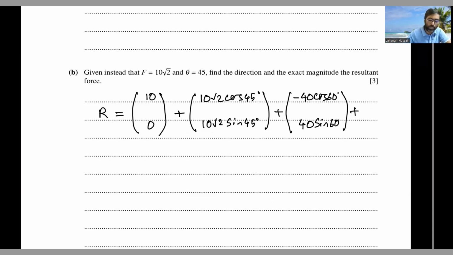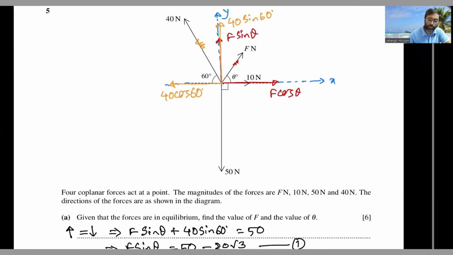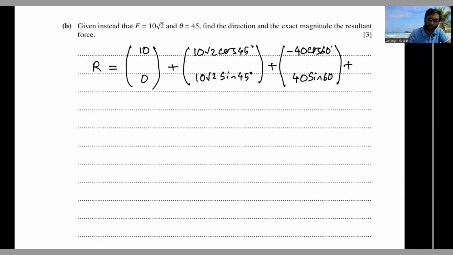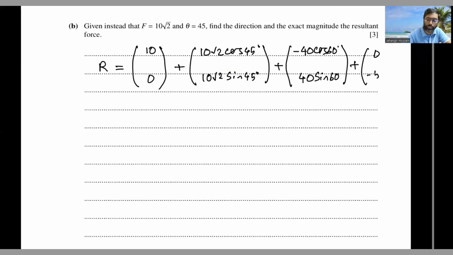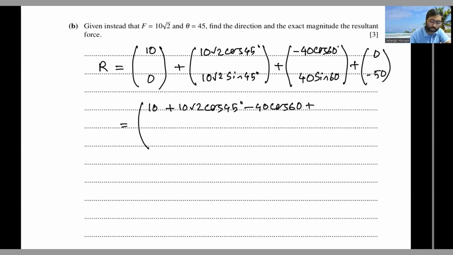Plus the 50 Newton in the negative direction, so the x component is 0 and the y component is minus 50. The resultant has x component equal to 10 plus 10 root 2 cos 45 minus 40 cos 60, and y component 0 plus 10 root 2 sin 45 minus 40 sin 60 minus 50.